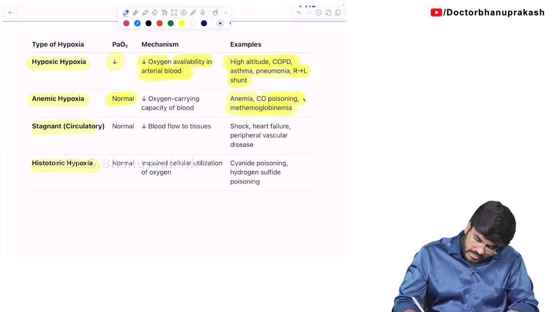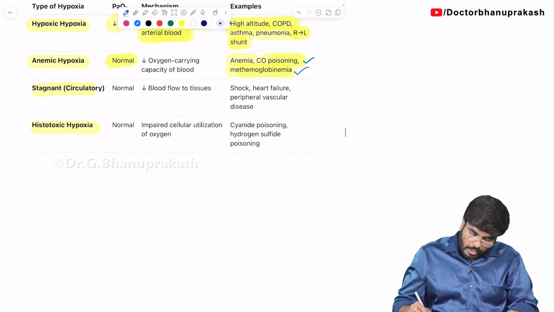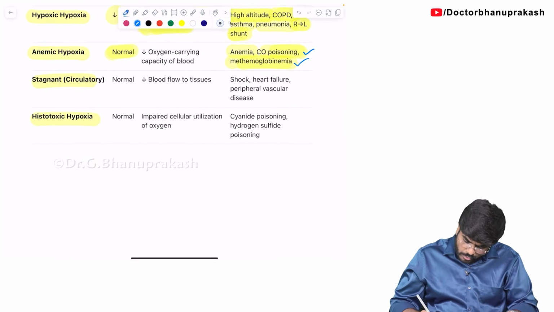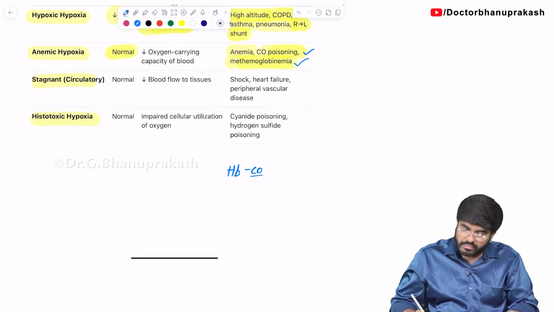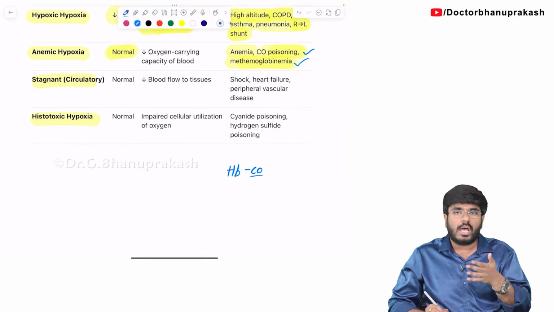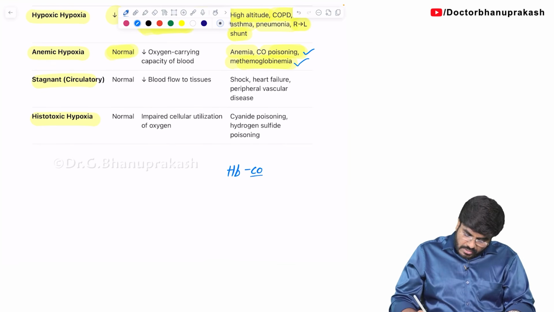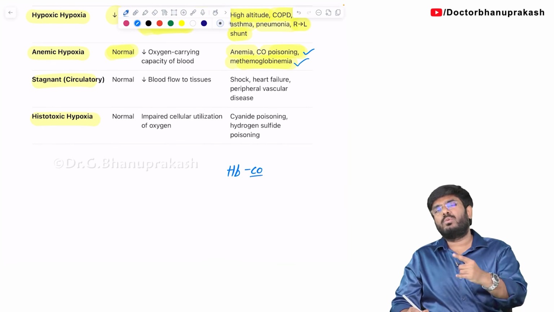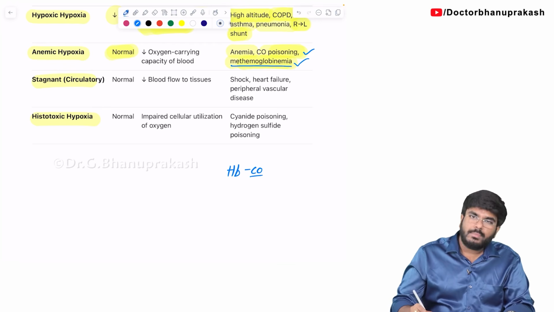Look, in these 2 conditions, carbon monoxide poisoning and methemoglobinemia, what will happen? In carbon monoxide poisoning, instead of binding with oxygen, the hemoglobin will bind with carbon monoxide, because carbon monoxide has more affinity for hemoglobin. Hemoglobin will say, oxygen, I don't want you, I want to bind with carbon monoxide. Or methemoglobinemia. What is methemoglobinemia?